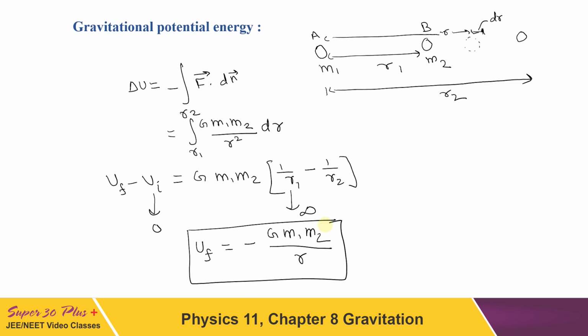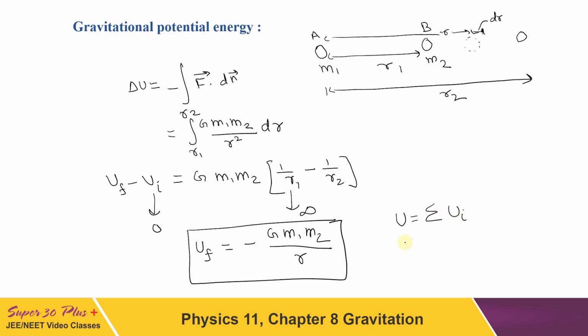We can extend this concept to 3 or even more particles. In this case, we have to simply sum up the potential energies for all the pairs, because as we know potential energy is a scalar term. So to get the potential energy of the whole system, we only have to add the potential energy of all the pairs.